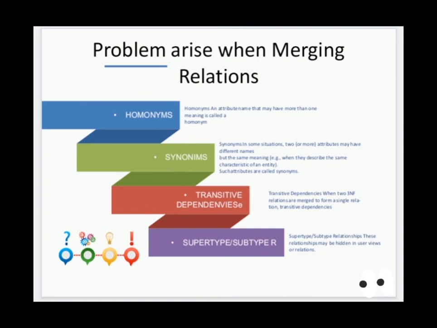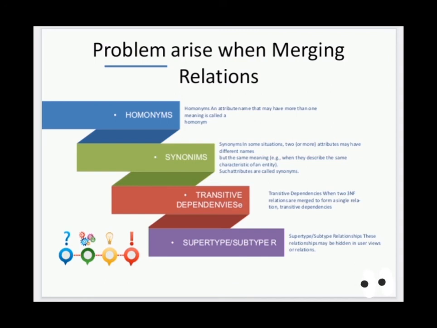A database analyst must understand the meaning of the data and must be prepared to resolve any problem that may arise in the process. In this section, we describe and briefly illustrate 4 problems that arise in view integration.